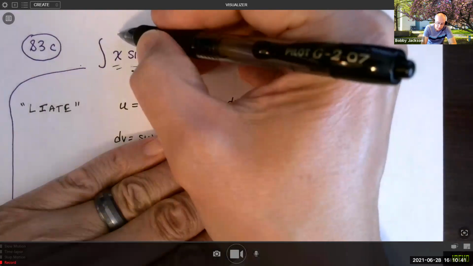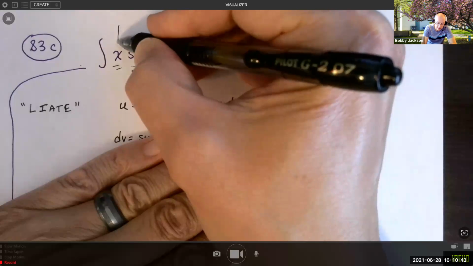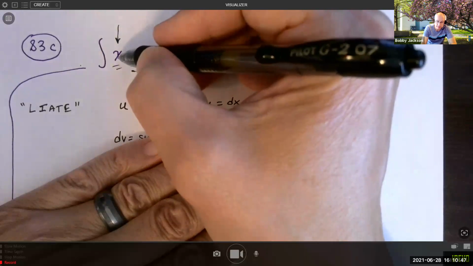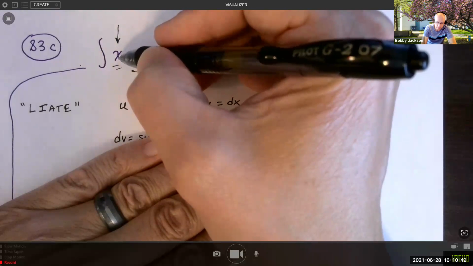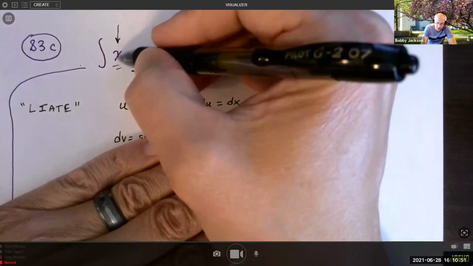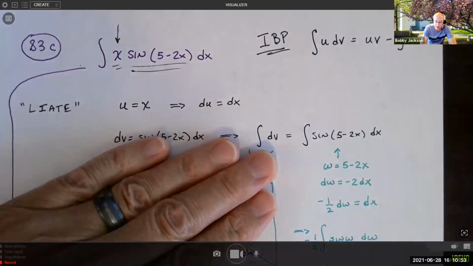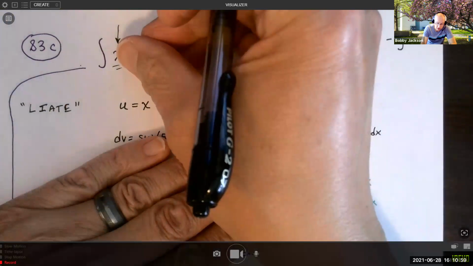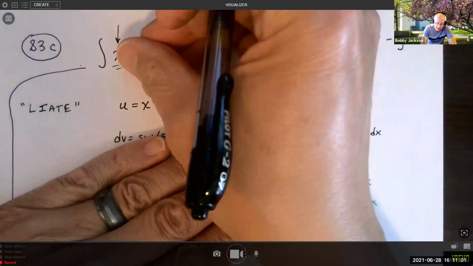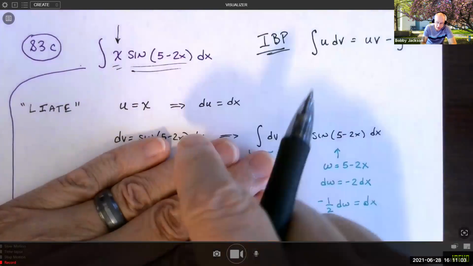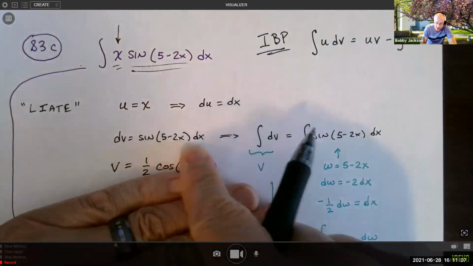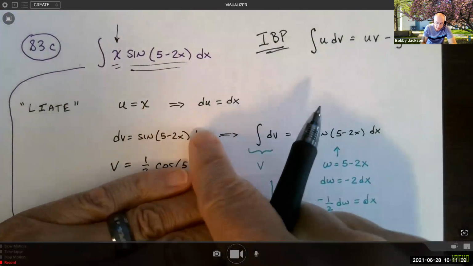Anytime you have a polynomial or any function that's composed of products, sums, differences, and exponents of variables without any of the trig functions or log functions or exponential functions, that would be an algebraic function. So I'm going to choose u to be x in this case. Then what's left, the sine of 5 minus 2x dx, has to be your dv. Everything else, you have to cover everything.